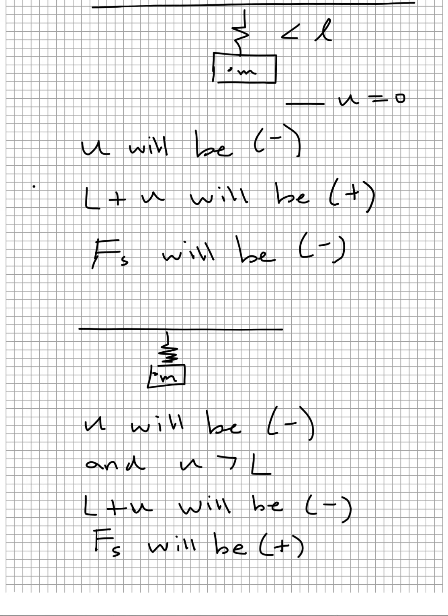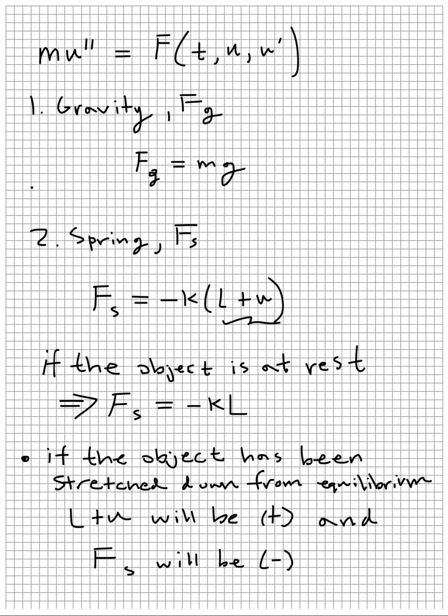That was the force due to the spring. So we have these three cases that you just saw. Okay. So now we have a third force, which is called damping. And that's given as F sub D. Okay.